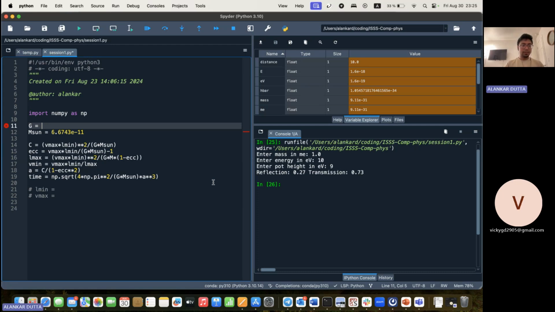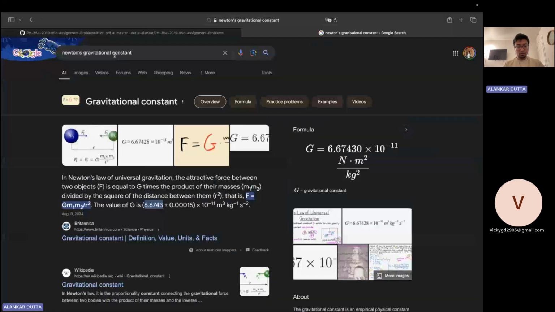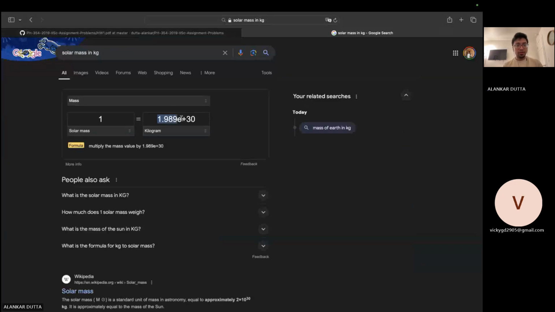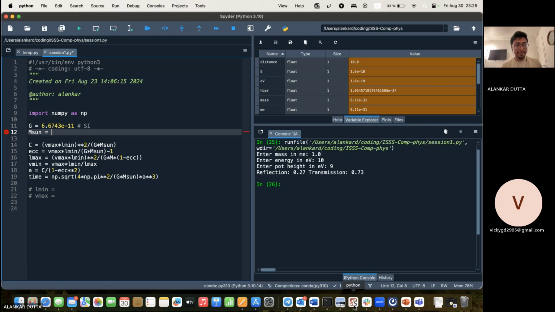This is in SI units, and the solar mass in kg. Okay, so this is the solar mass that we have. So let's go and put this in.